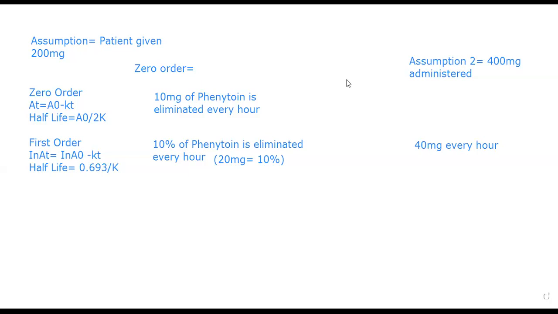Go ahead, Shafi. Ritonavir is usually used with lopinavir, and since it's an inhibitor of CYP, it inhibits the metabolism of lopinavir. So it basically increases the concentration of lopinavir. Yeah, exactly. It's used as a pharmacokinetic enhancer, to increase the concentration of the protease inhibitors.